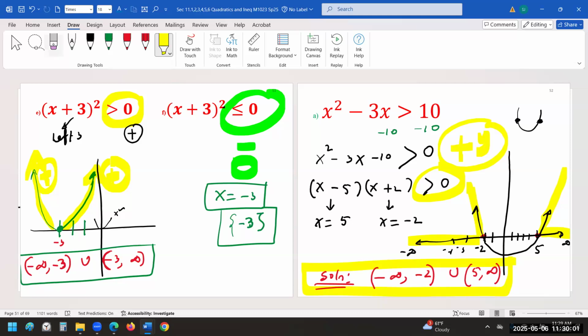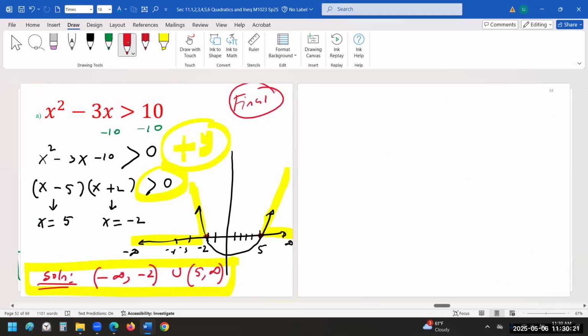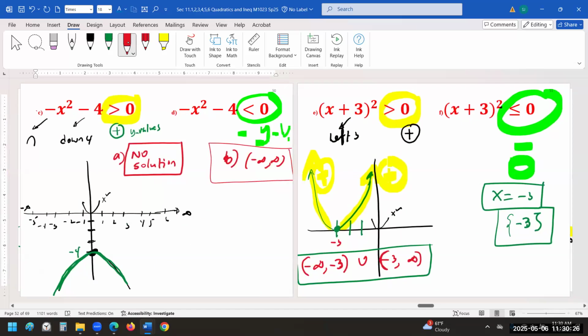And guess what? This is the finalized question. You'll have at least one. Now, do you feel a little better than before? How do you find this? Okay, now try this question here.